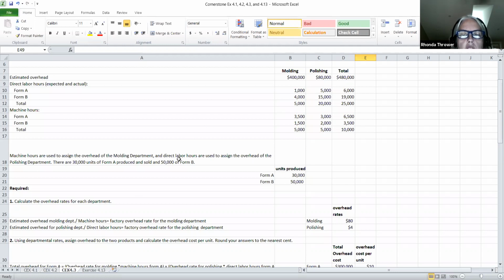So we're going to pick up direct labor hours, which is 20,000. So 80,000 divided by 20,000 is how we get $4 for the polishing department. That's their overhead rate.